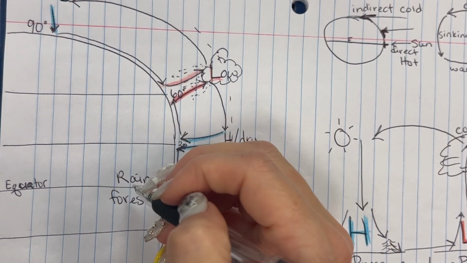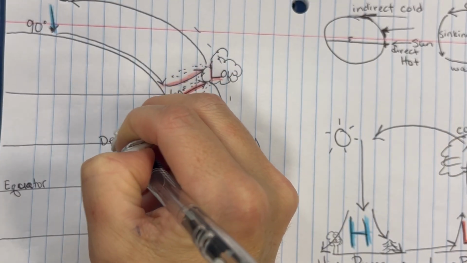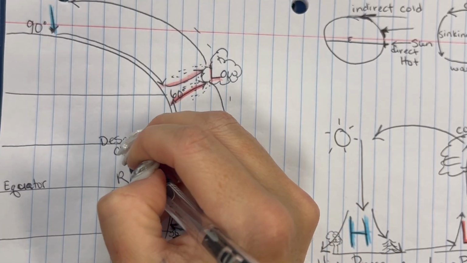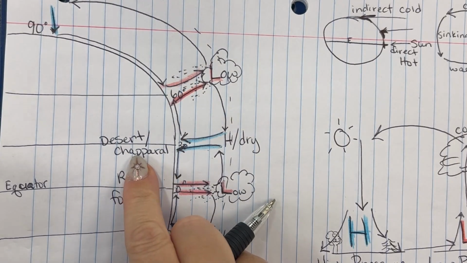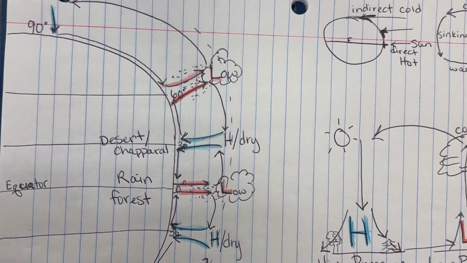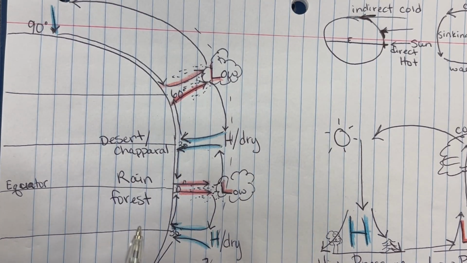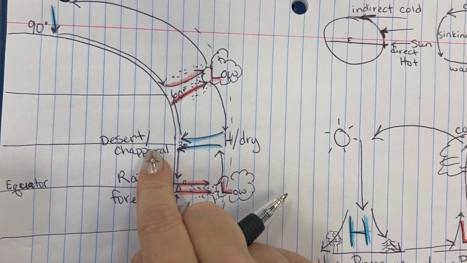This is going to be an area called a desert or chaparral. Chaparrals, if you've seen the opening scene to The Lion King, that's a chaparral. So remember, dry, desert, dry, but still hot.